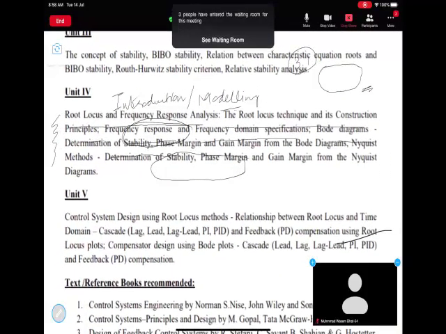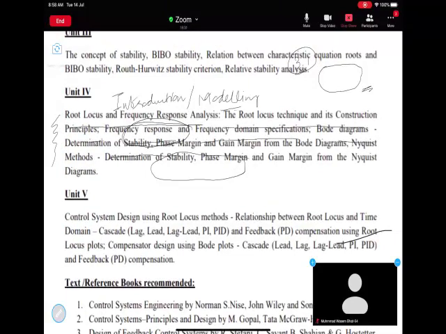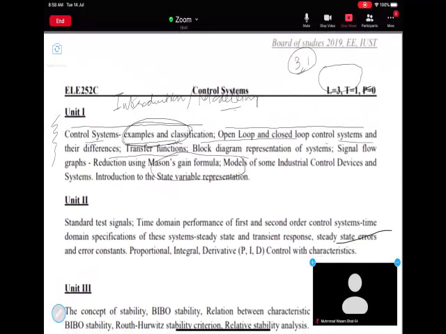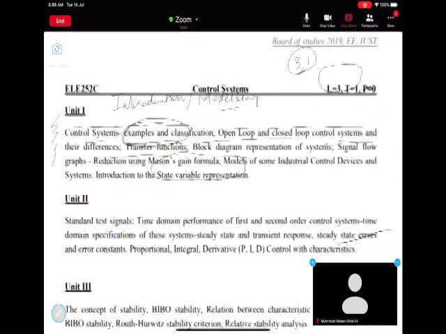The last unit is particularly about design of controllers. So in the first 4 units we basically lay the basis for understanding and analyzing control systems, and in the last unit we actually design a controller for a system that we want to design it with.